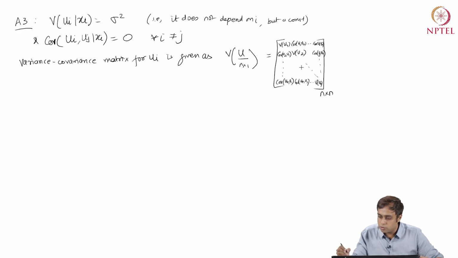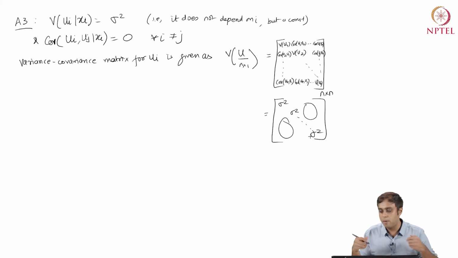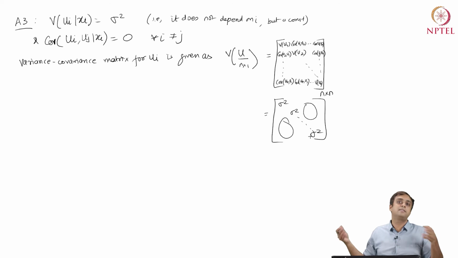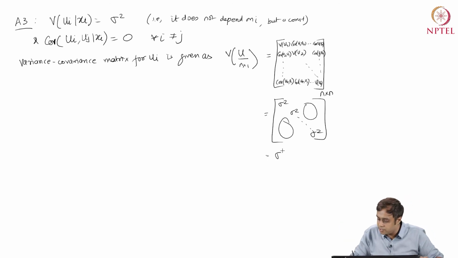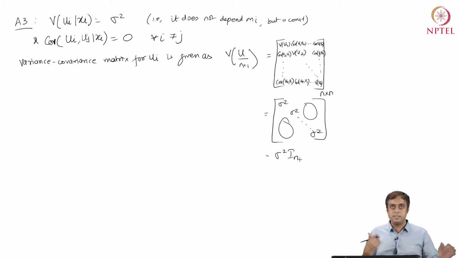Okay. So we have this variance covariance matrix, and assumption 3 says that this matrix looks like the following. All off diagonal elements are 0 and diagonal elements are exactly the same, that is sigma squared, which can be simply written as sigma squared In, right. So the variance covariance matrix is written as sigma squared In.